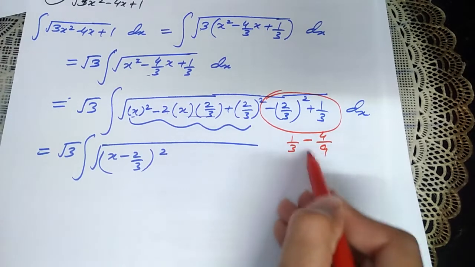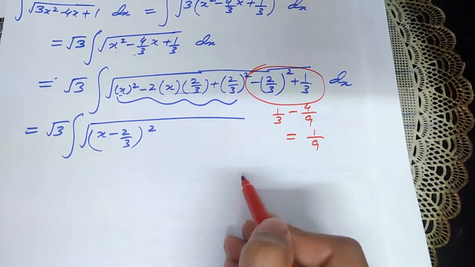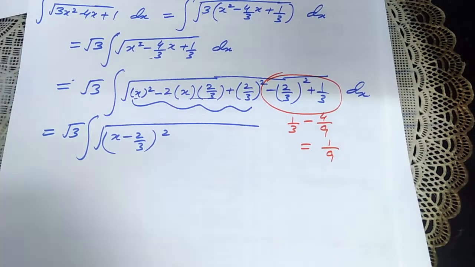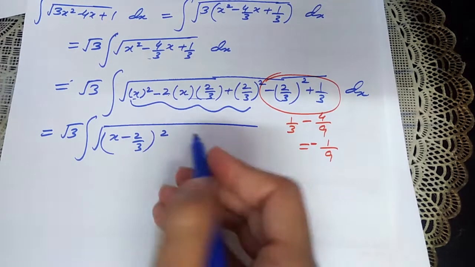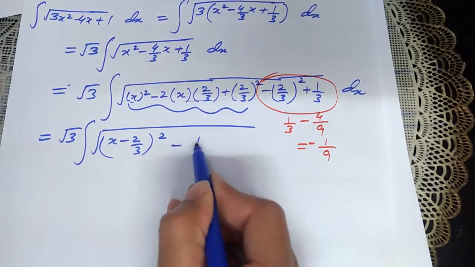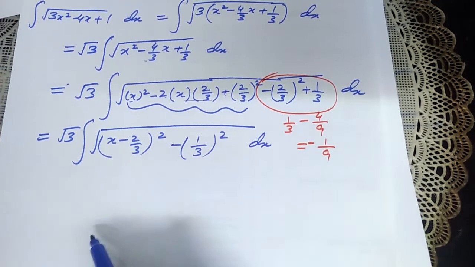I need to take its LCM and I will get 1 over 9 in my answer. So negative 1 over 9. So it can be written as negative 1 over 3 whole square, like this, dx.